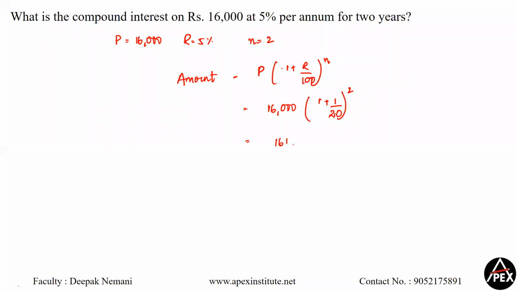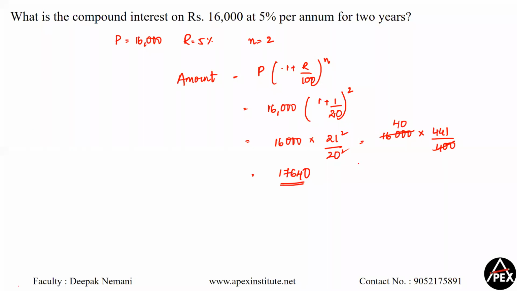So 16,000 into 21 square by 20 square, which is 16,000 into 441 by 400. So this is 40 into 441. Can someone help me with the calculation part? 17,640.